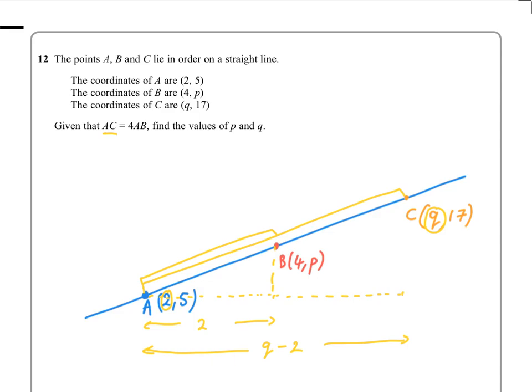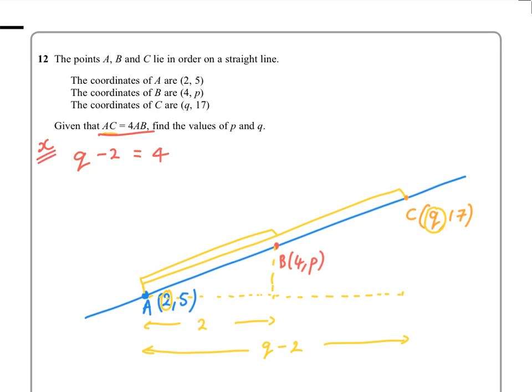So the gradient is always going to be the same no matter where you are on that line. So I think the first thing I would do is to say that using this rule, the length of A to C in terms of the x values would be q minus 2, and that would be 4 lots of A to B in terms of the x values. In fact, I'll just write the x parts here.